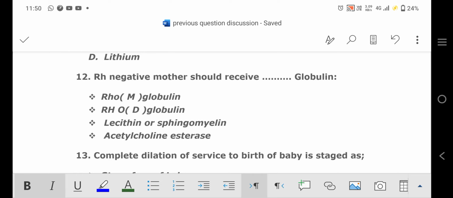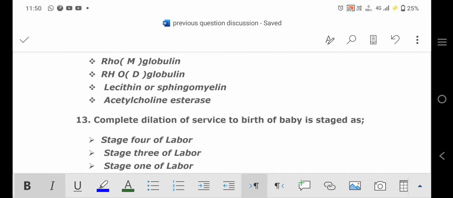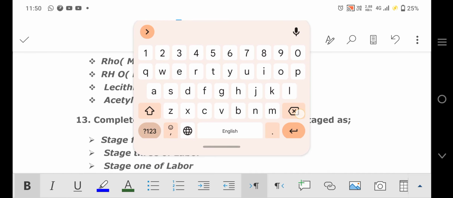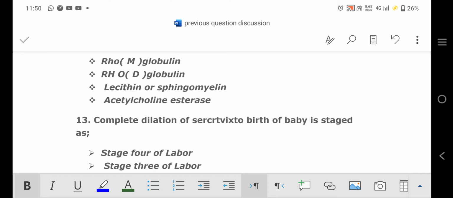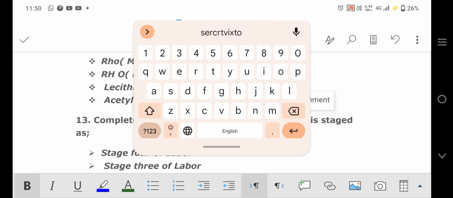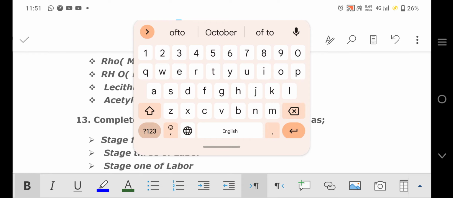Next question. Complete dilation of cervix to birth of baby is staged as.